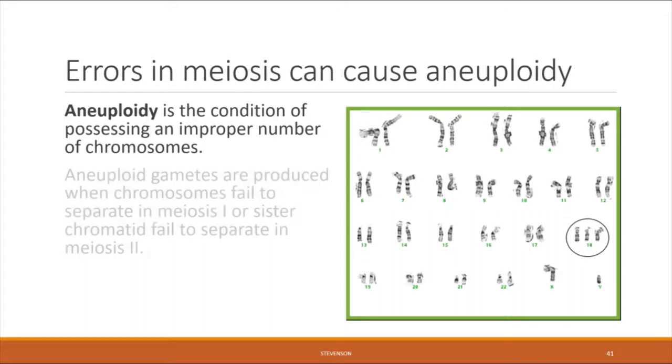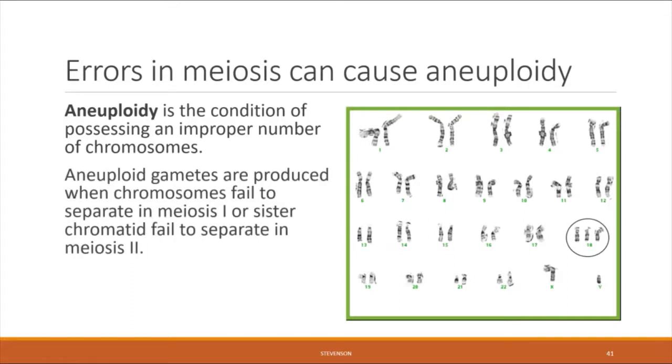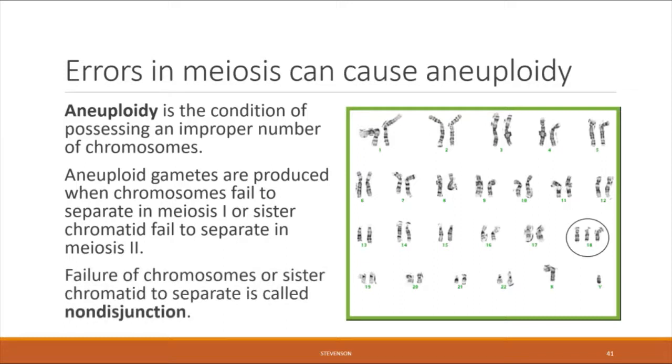This is caused by a failure of chromosomes to separate during anaphase of meiosis I, or a failure of sister chromatids to be pulled apart during anaphase of meiosis II. And this phenomenon of failure to separate is called non-disjunction.